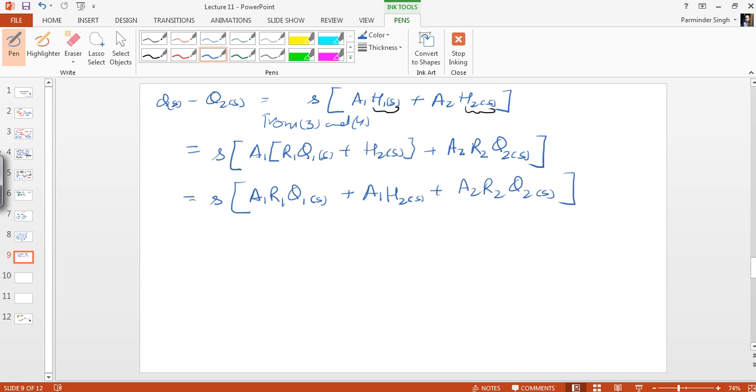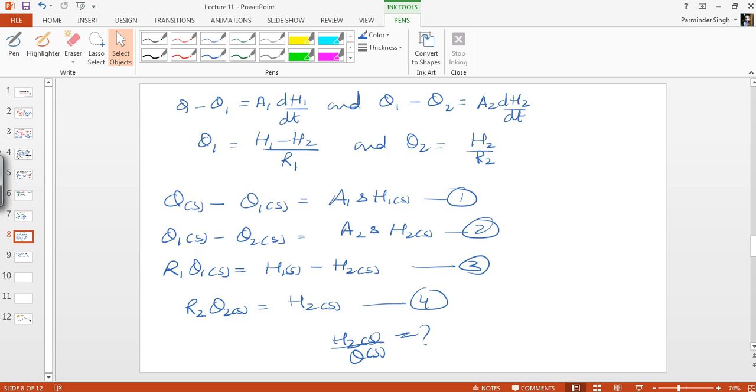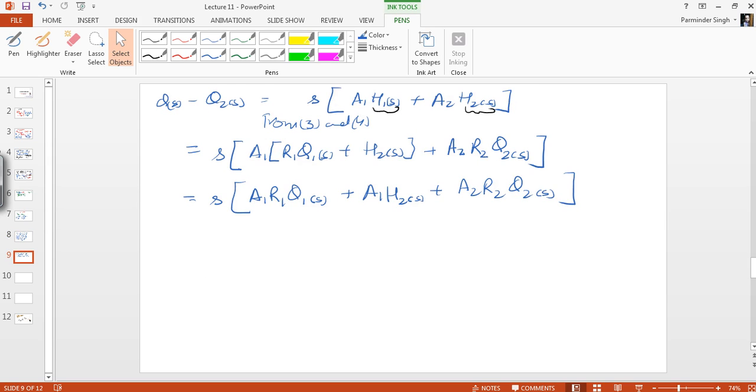Now from equation 2, that is from equation 2, we're gonna put the value of Q1. What will be Q1? Q1 will be A2S H2S plus Q2 over here. We're gonna put Q1 value over here.